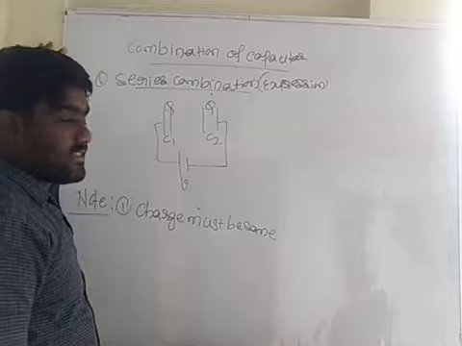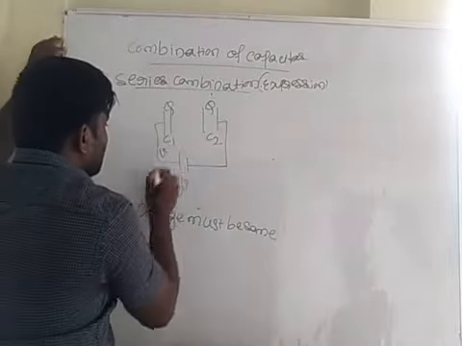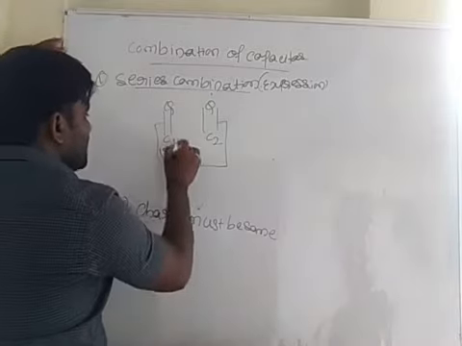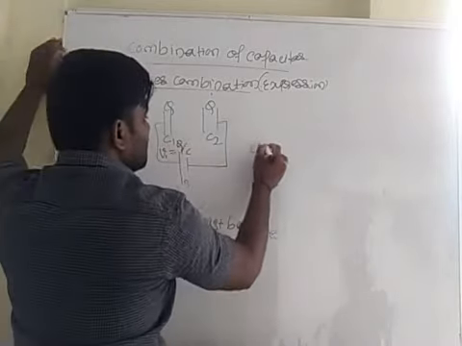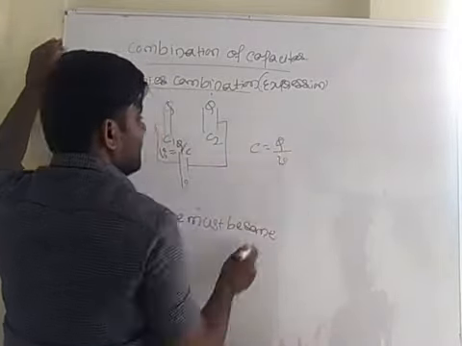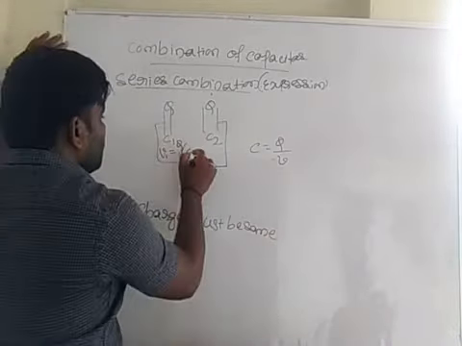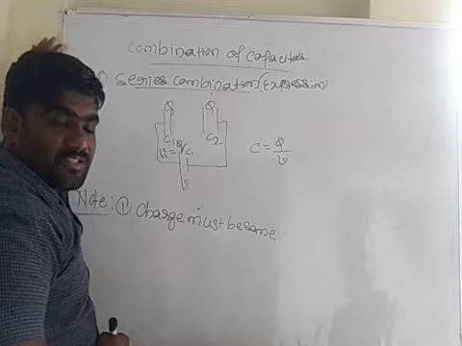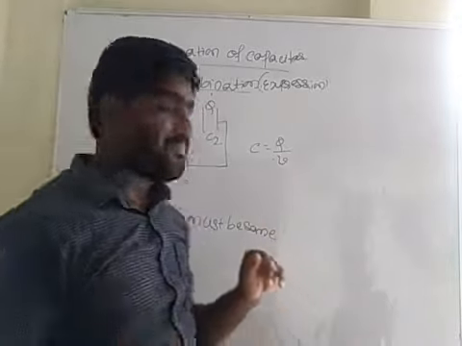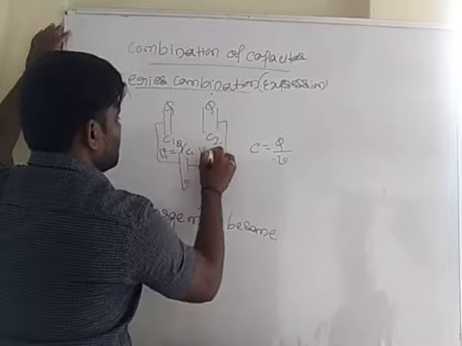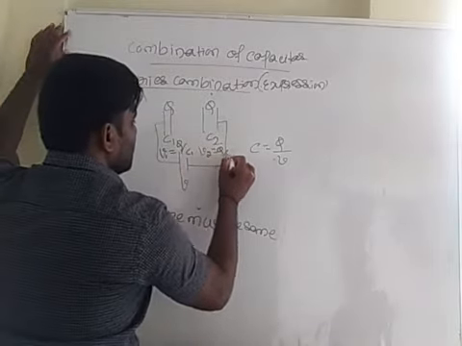Q is the charge. Here V1 is equal to Q by C1, because C is equal to Q by V. And here V2 is equal to Q by C2.